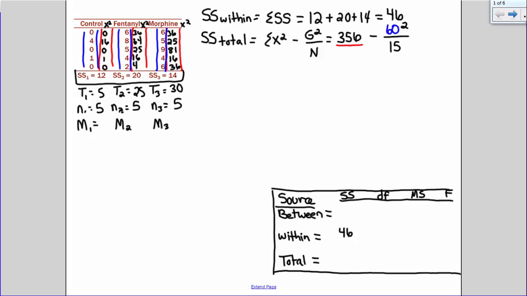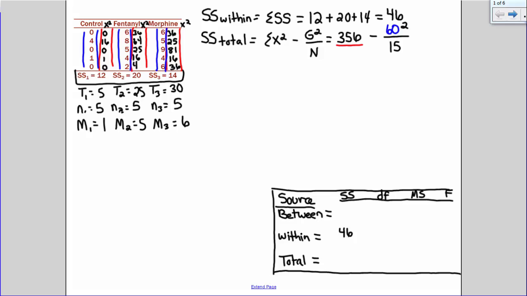So 5 divided by 5, right? The sum of x, or T in this case, divided by n is 1. 25 divided by 5 is 5. And 30 divided by 5, 30 is the sum of x, or T in this case, divided by the sample size of 5, gives me 6.